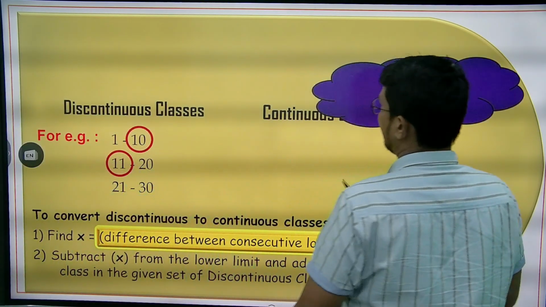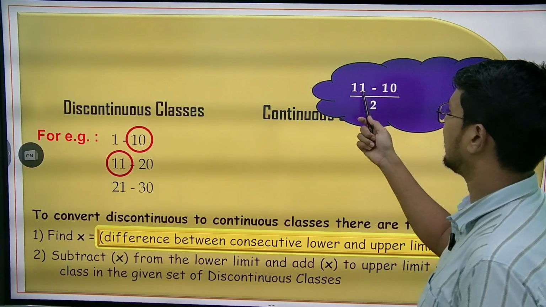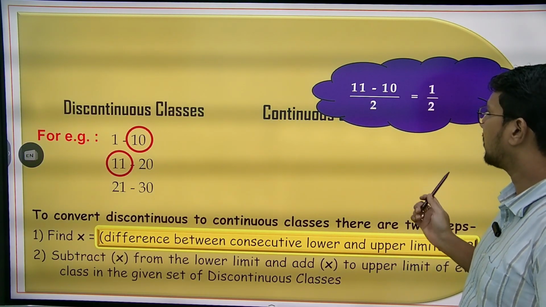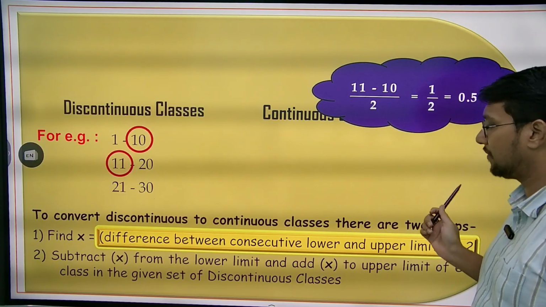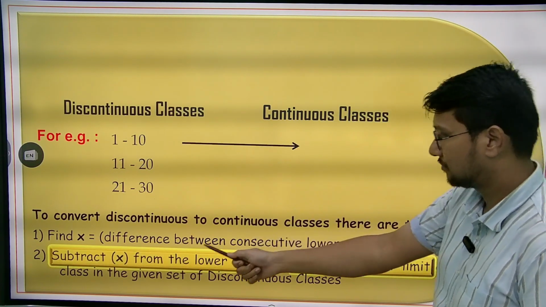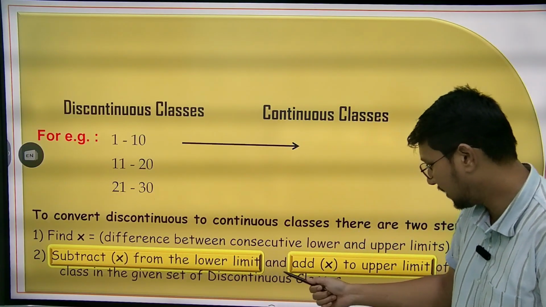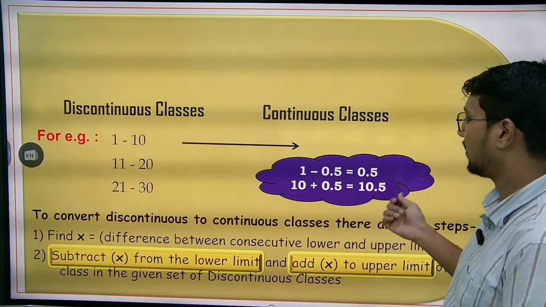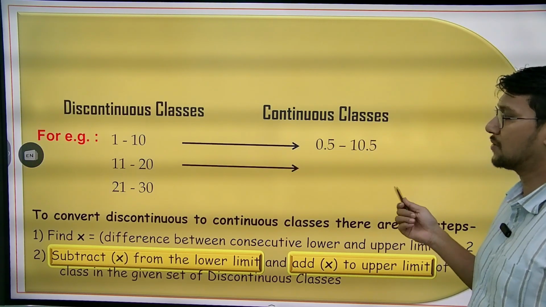So their difference क्या है? Check करो. What is the difference? 11 minus 10 by 2. Okay, how much? 0.5. 1 by 2 मतलब 0.5. Then after, subtract x from lower limit, add x to upper limit. Check करो. 1 minus 0.5, and this is better as we have discussed.